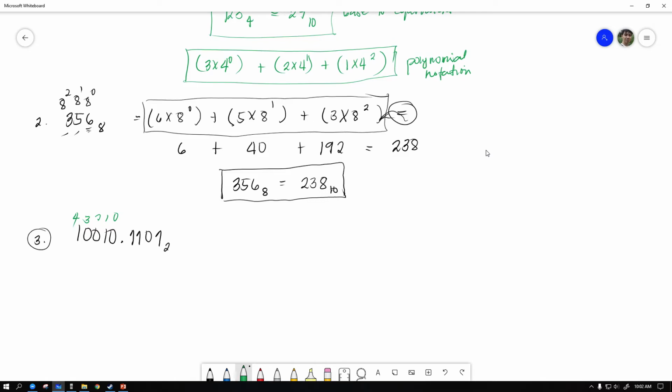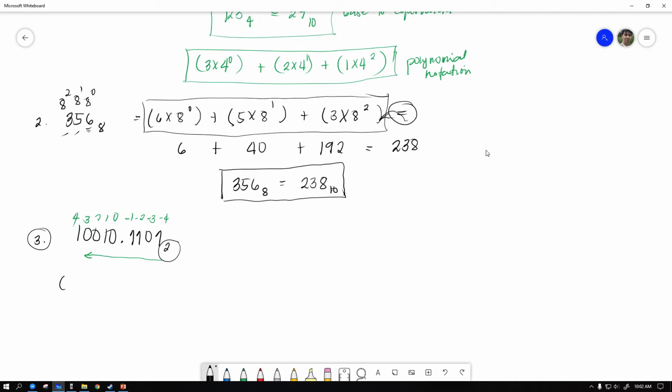In the fractional part, the weights are -1, -2, -3, and -4. To express its polynomial notation, start from the farthest decimal place toward the integer part. All are base 2.